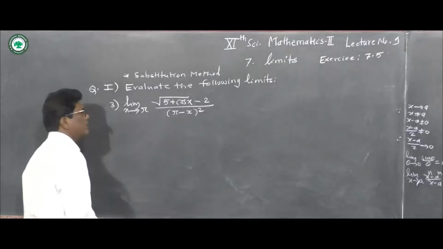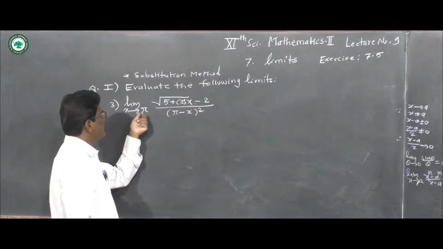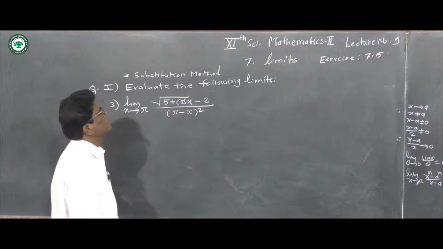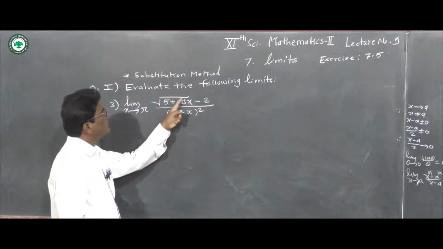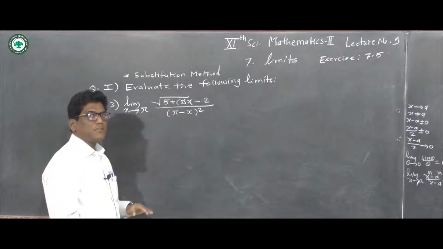Now see in the denominator there is pi minus x, limit x tends to pi and pi minus x, direct subtraction, so we use here substitution method. Also in the numerator there is root 5 plus cos x minus 2, so we have to rationalize the numerator also.